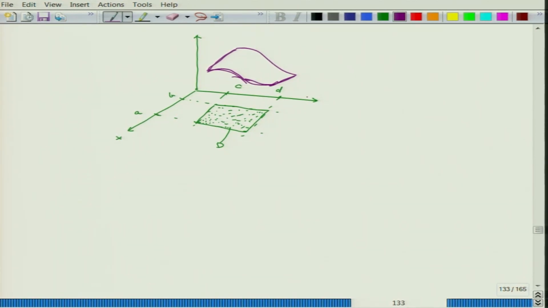The volume of everything under this surface is given as the integral from a to b, c to d, f(x,y) dx dy. In fact, we will show very soon that you can also write this as the integral of f(x,y), you can switch, c to d, a to b, you can do the switching. So, this is actually the volume.